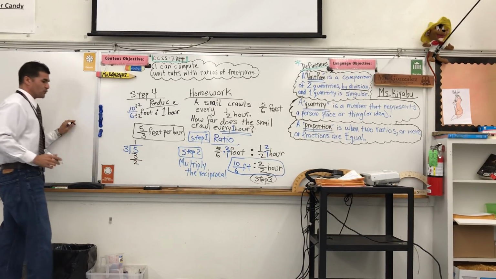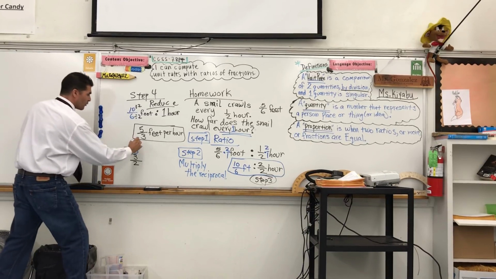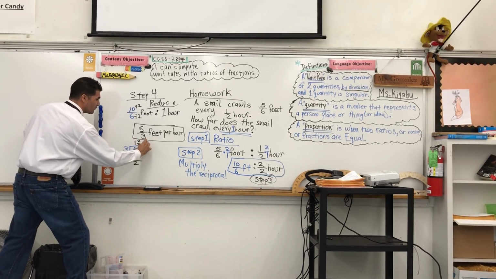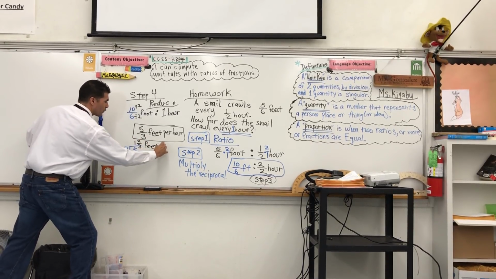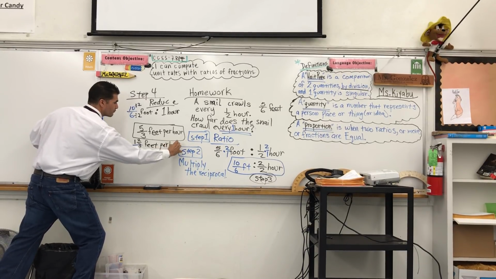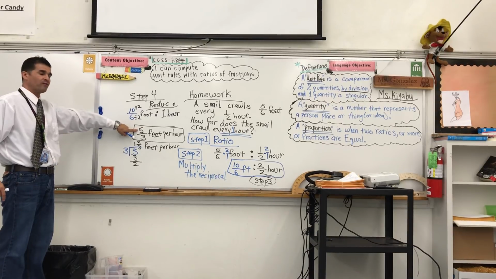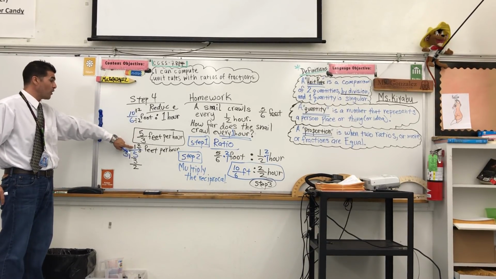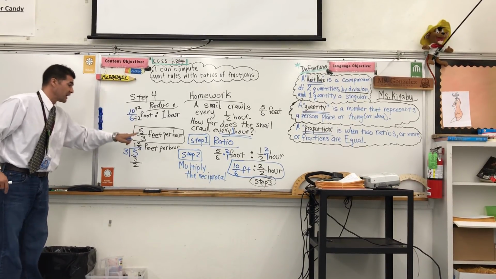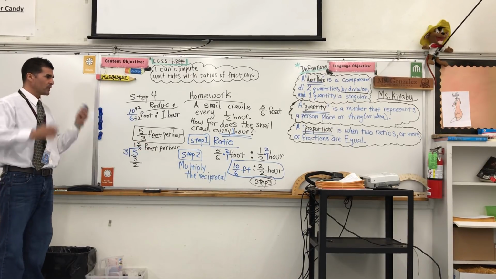I'm going to get a remainder of 2 here. I'm going to get 1 2/3 feet per hour. Here's where a lot of people are going to get stuck. They don't know how to turn 1 2/3 feet into inches per hour.